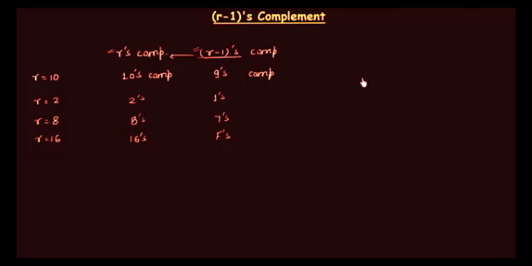If you remember the last presentation, r's complement was given by r raised to power small n minus capital N. This was the expression for r's complement, and r-1's complement is given by r raised to power small n minus capital N minus 1. So you have to subtract 1 from the r's complement. I can write this as r's complement.